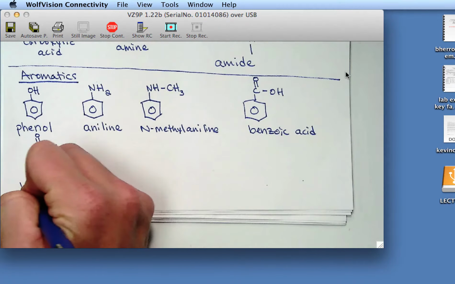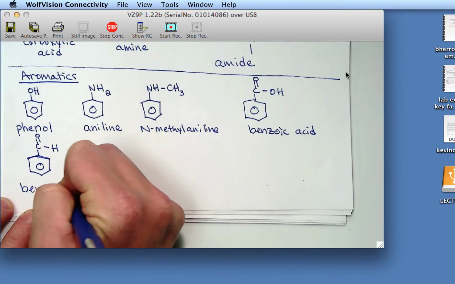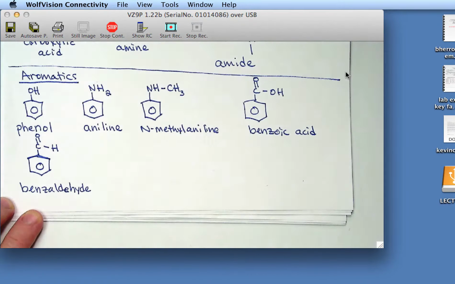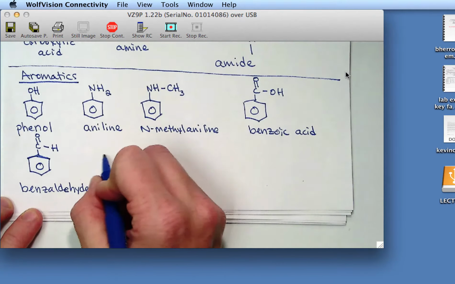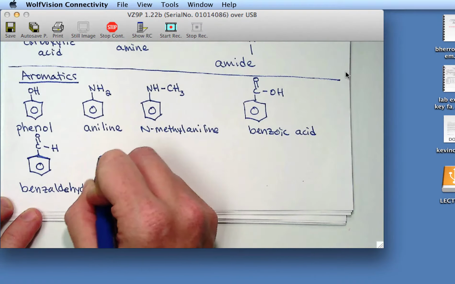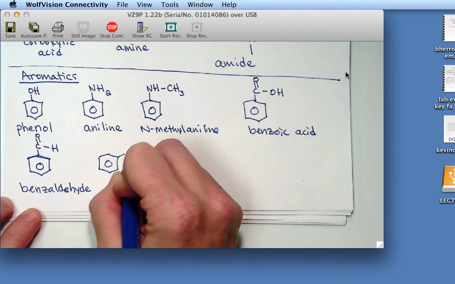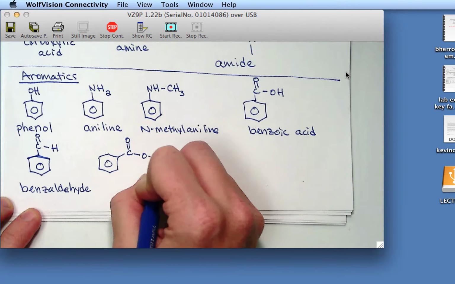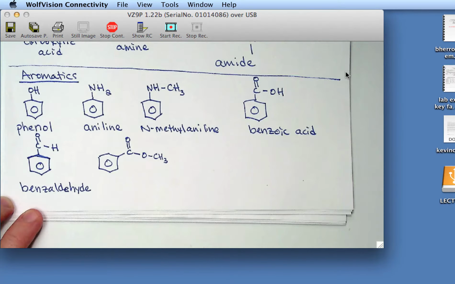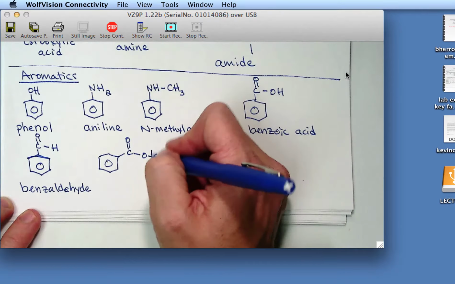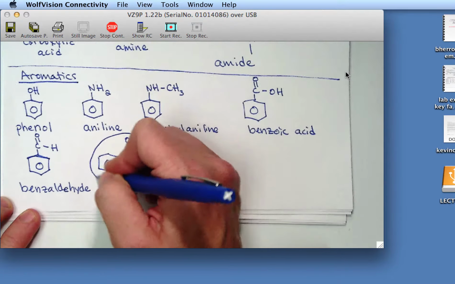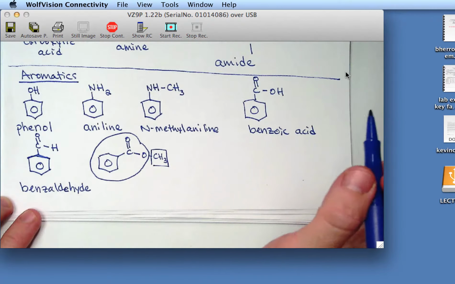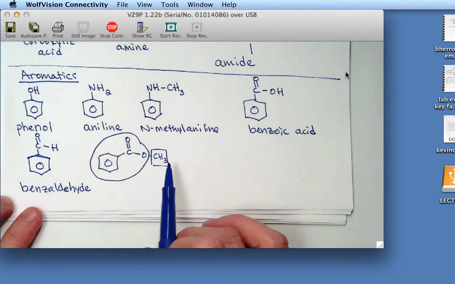Benzaldehyde. Square this one, circle this one. So what's that?